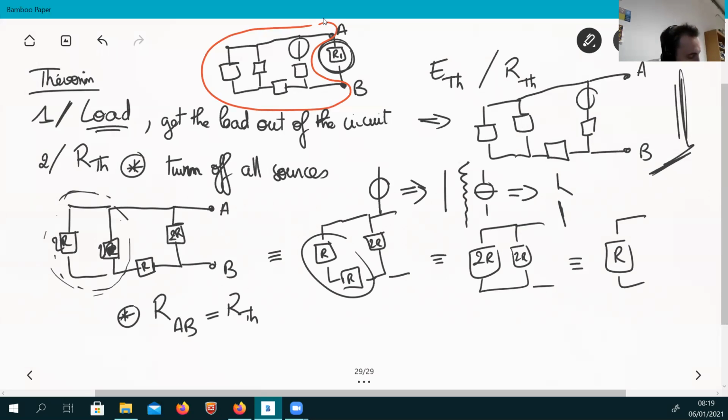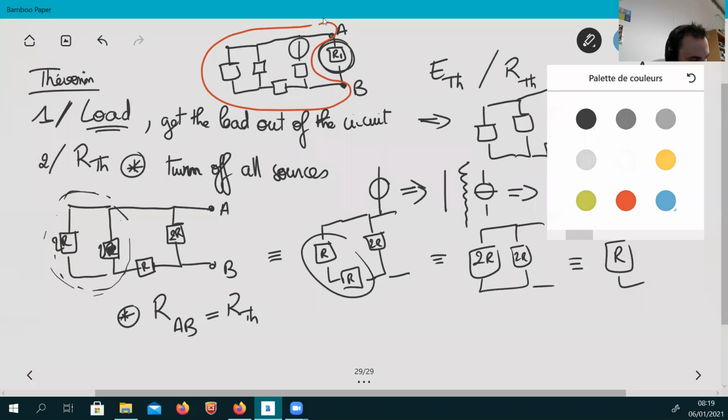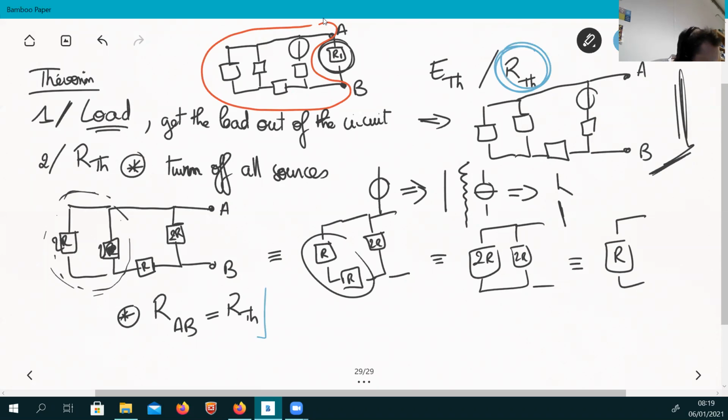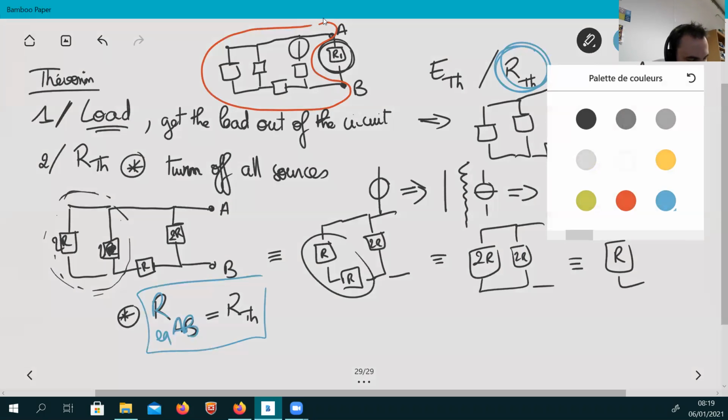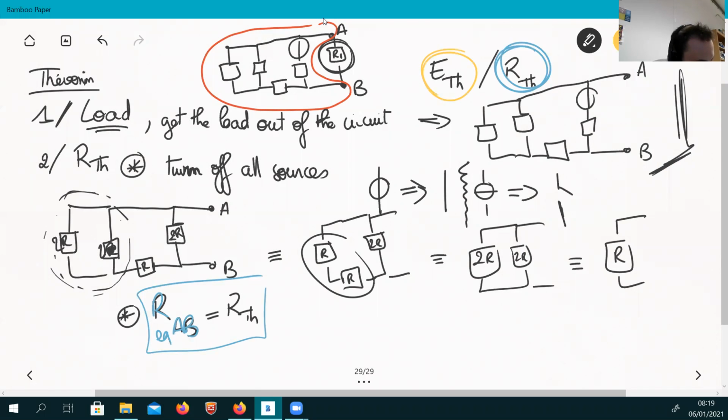So I got the first parameter of my Thevenin model, which is this RTH, the equivalent resistor that I've seen between A and B. Okay, now I go for the second parameter, which is how I find ETH.